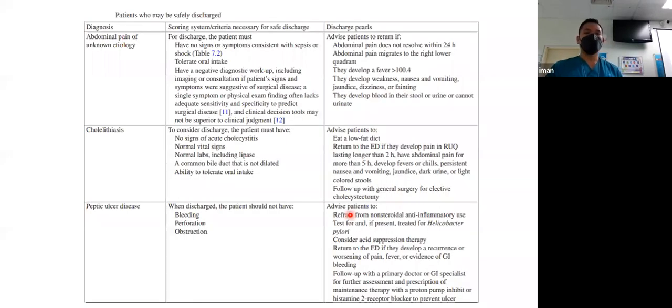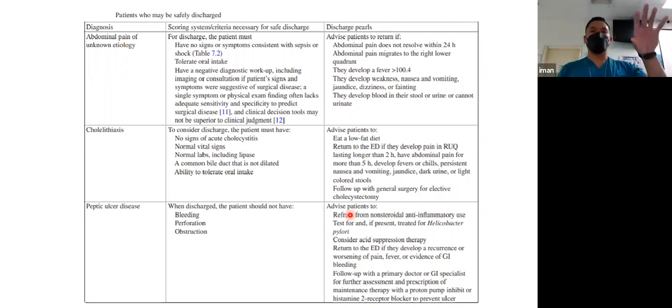Next, these are some discharge pearls for every differential diagnosis. For a patient with abdominal pain of unknown etiology, we advise the patient that if the pain does not resolve within 24 hours, please come back. These discharge pearls are our advice to the patient.